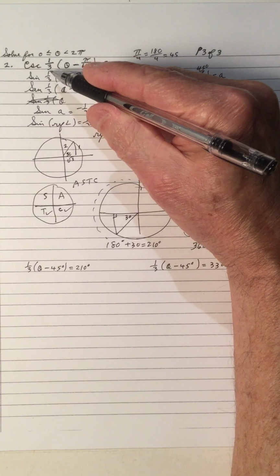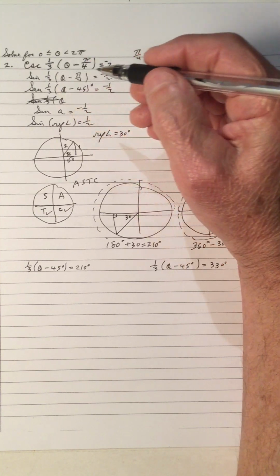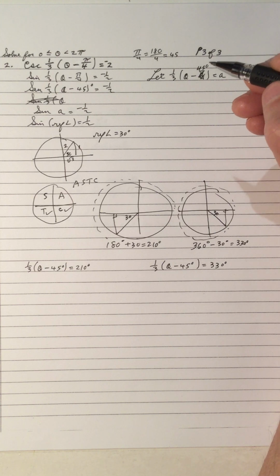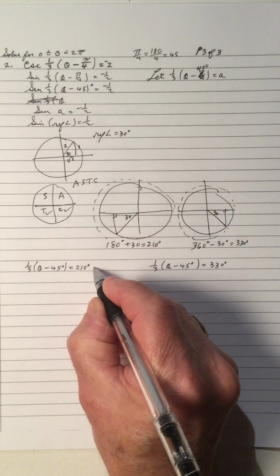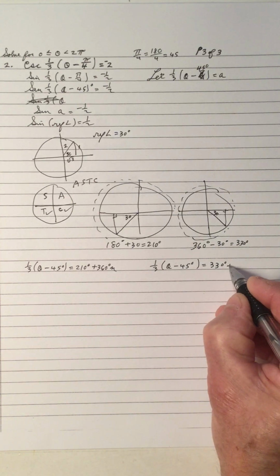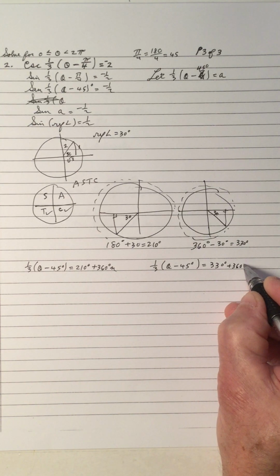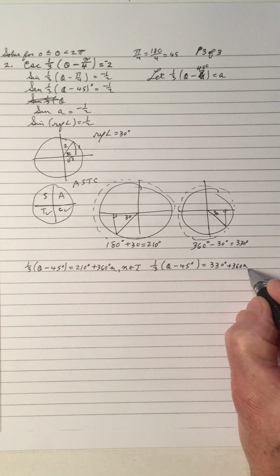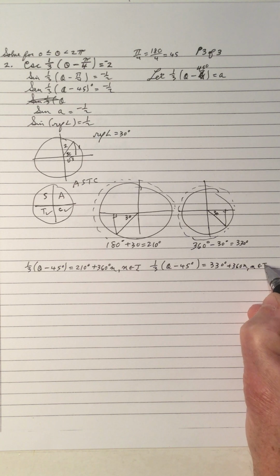And this is cosecant, and we have to remember the period of tan and cot is 180. The period of the other ones is 360. So this is 360 degrees N and 360 degrees N, and again, N belongs to the integers.